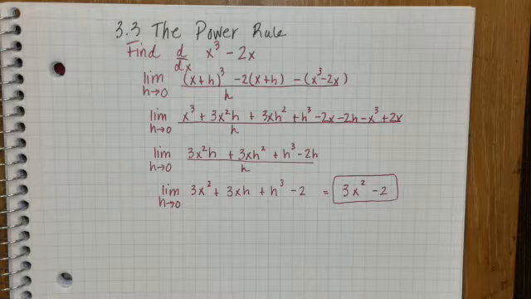All right. I can also ask you to find the slope of the tangent line at a specific point on this curve. So let's do it at x equals 4.